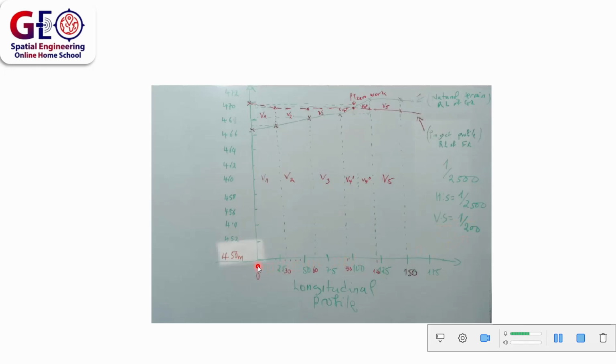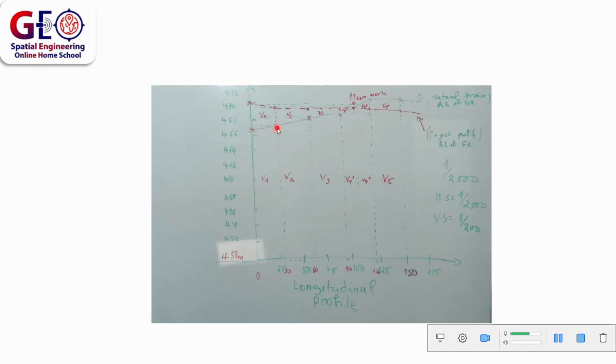After representing the chainage points on the x-axis, which are the distances, and representing the height of the chainage points on the y-axis, for example, chainage 0, this is the height of chainage 0, which was calculated.